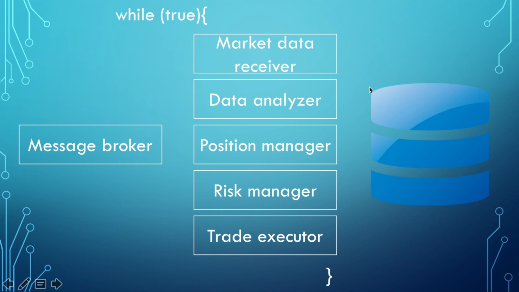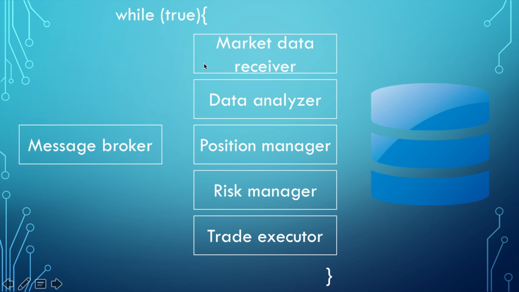And all data about trades and information about decisions are being stored in the database for further analysis and bot optimization. Because I want to keep my tutorial as simple as possible, I will skip implementation of the message broker and database, and will simplify the event loop to make interactions between the external environment and event loop subcomponents without a message broker. So now let's look at the event loop in more detail.